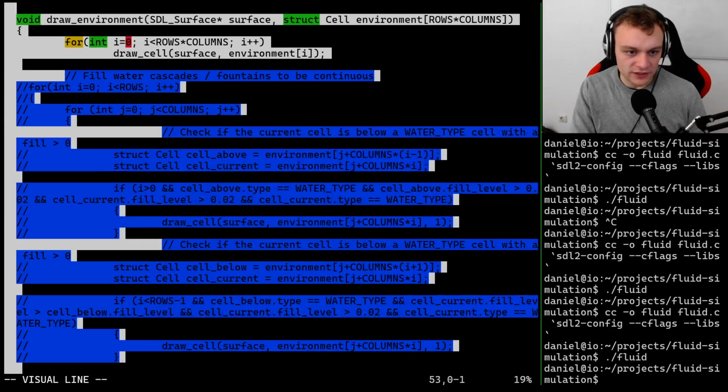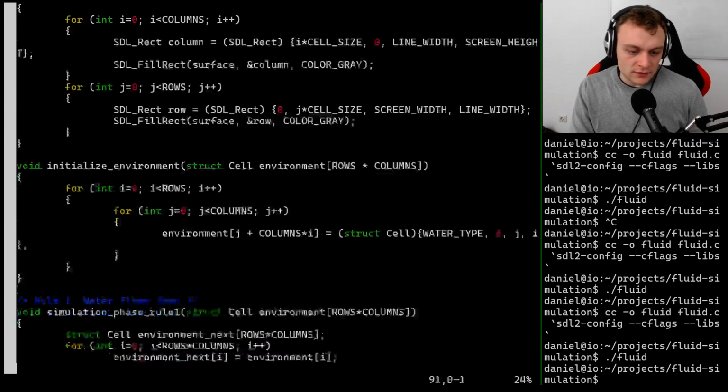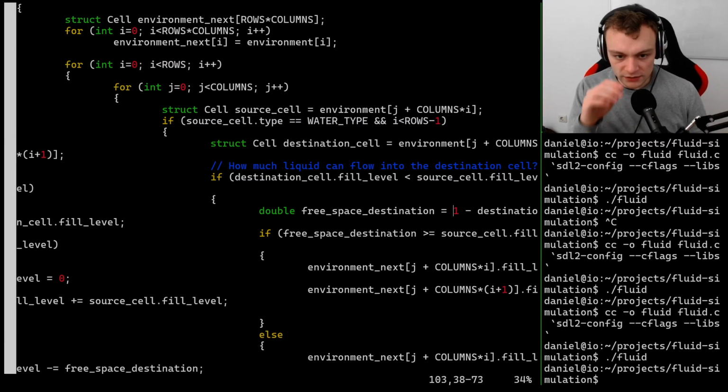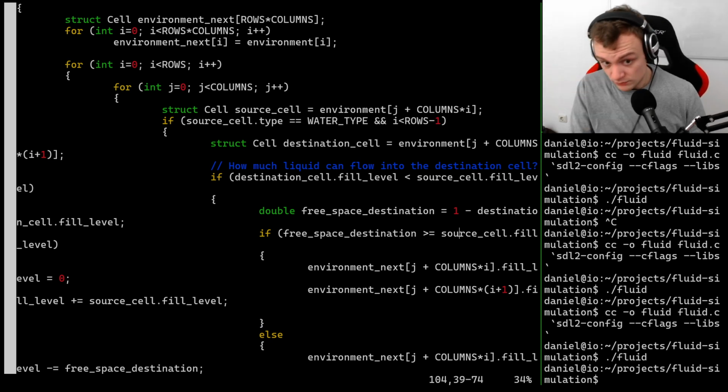Let me delete all of that here. We don't need it. So let's go back to rule number 1. There's free space in the destination: 1 minus destination cell fill level. But we only transfer liquid if the destination cell level is smaller than the source cell fill level.